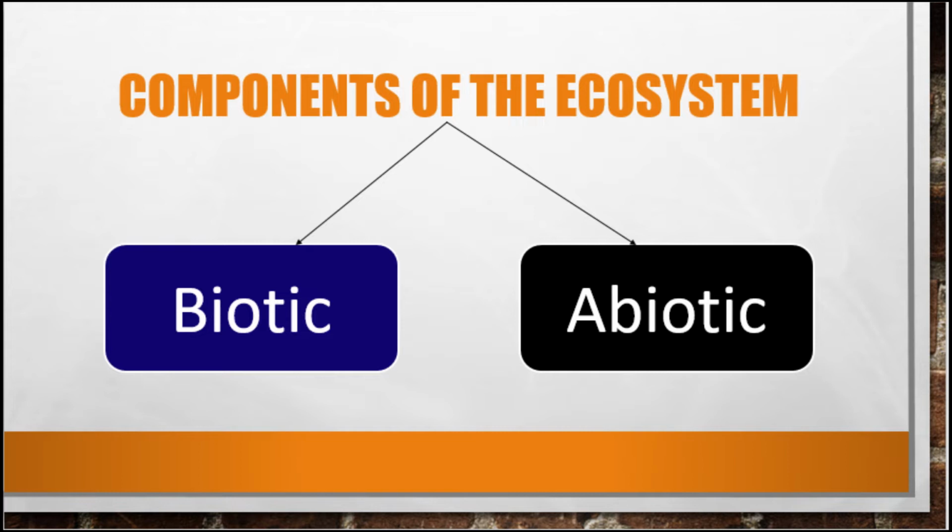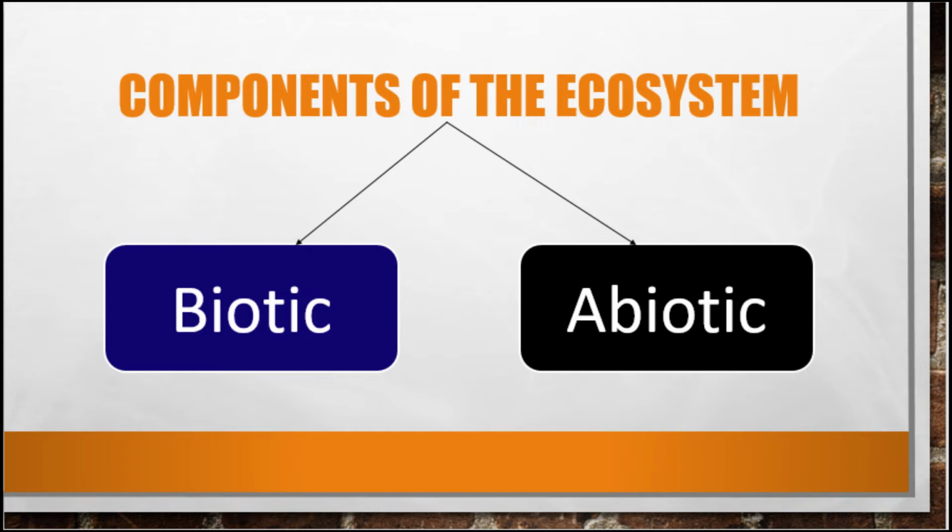With the producers, they are mostly the green plants. So they manufacture their own food through photosynthesis and chemosynthesis. Then we have the consumers.